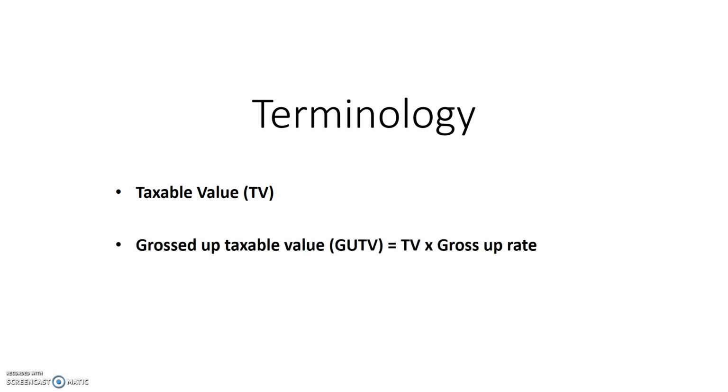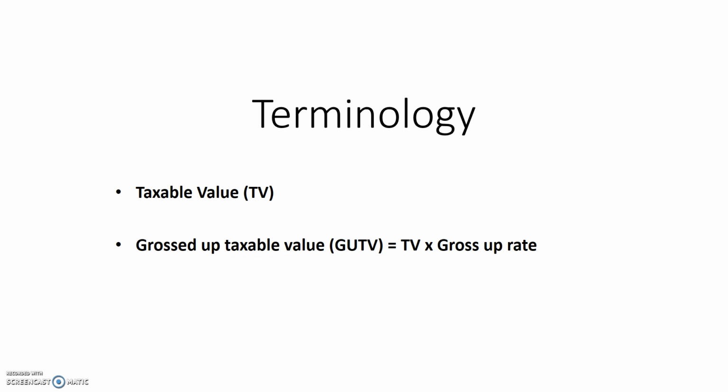So there's some key terminology when considering the fringe benefits tax. Firstly, there's taxable value. This is simply the value of the benefit which is subject to tax. We'll go through working out the taxable value and some examples in some other videos. Next, there's grossed up taxable value, which is equal to the taxable value multiplied by the gross up rate.